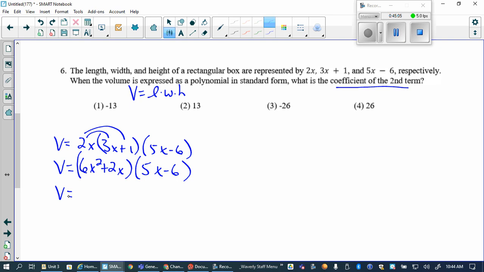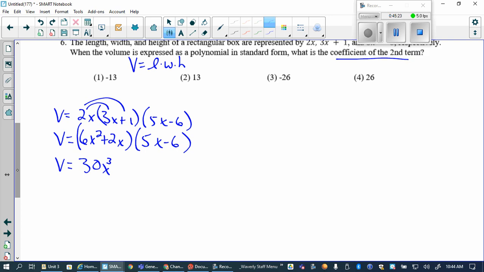So 6x squared times 5x, 6 times 5 is 30. X squared times x is x to the third. I was asking for the final, but anyway, okay, so 6x squared times negative 6, so negative, okay, now it's a negative. I thought you were giving me the final answer, I'm sorry. So negative 36x squared, right?